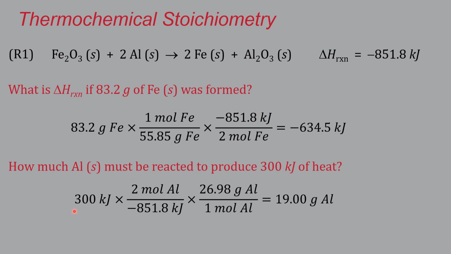The equation tells you that for every 2 moles of aluminum, you will release 851.8 kilojoules. This gives you an amount of aluminum that you need. Then you look up the molar mass of aluminum to convert that to a mass, and that would require 19 grams. And that pretty much is thermochemical stoichiometry.